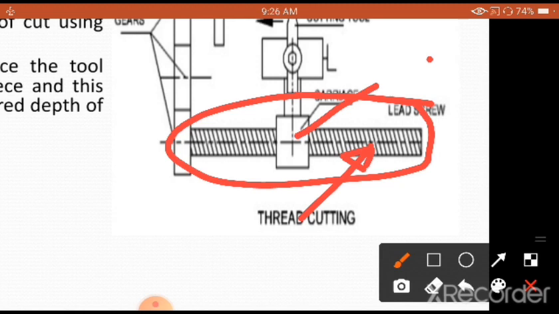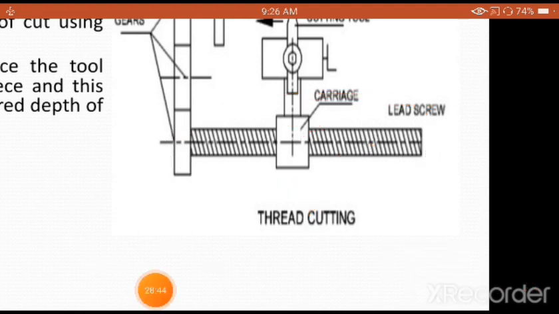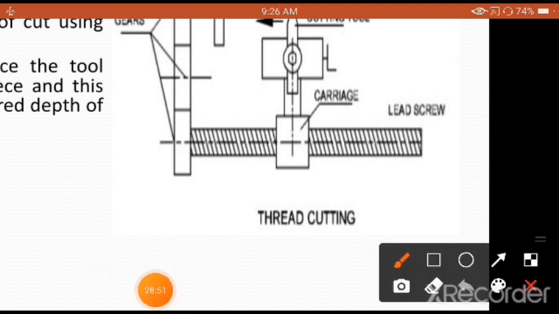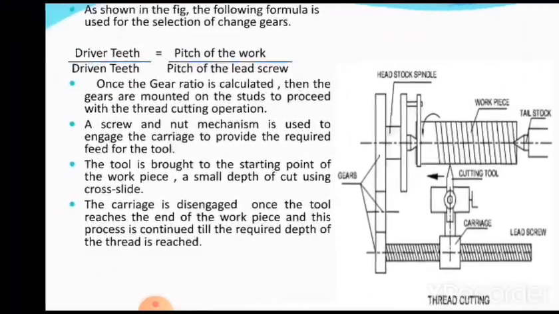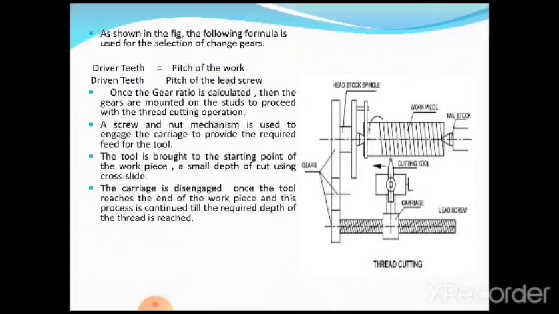But we need to understand the most important concept, that we cannot change the pitch of the lead screw. The pitch of the lead screw is fixed. So using that concept only, we need to understand how we are going to select these gears here.